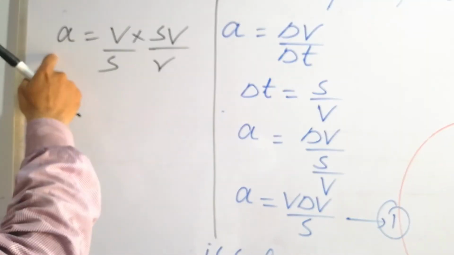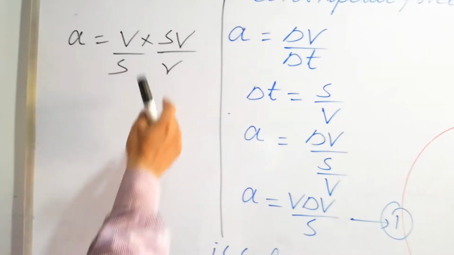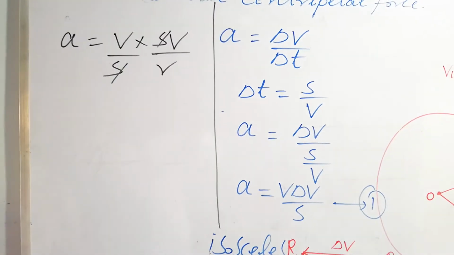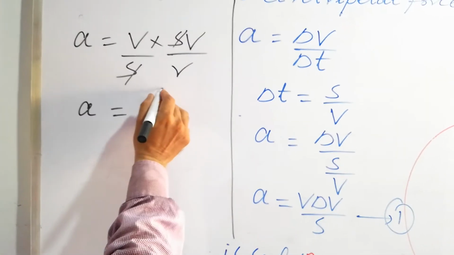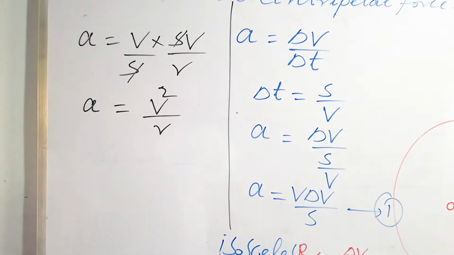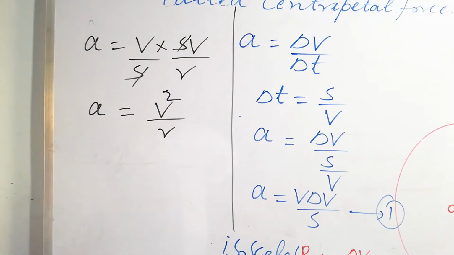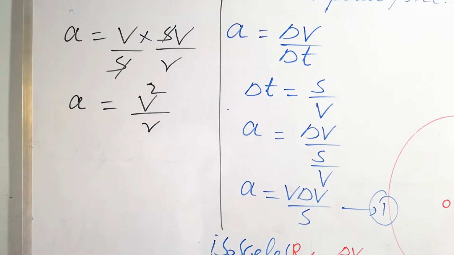So A is equal to V over S, SV over R. So S is cancelled by this S, and we get A is equal to V square over R. So that is the acceleration we have. A is equal to V square over R.